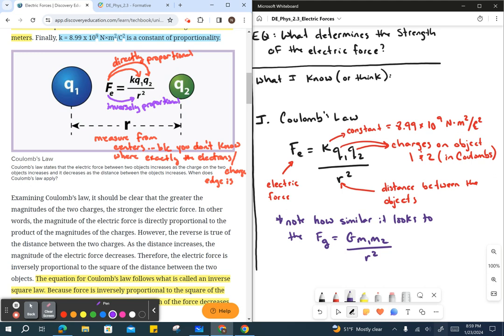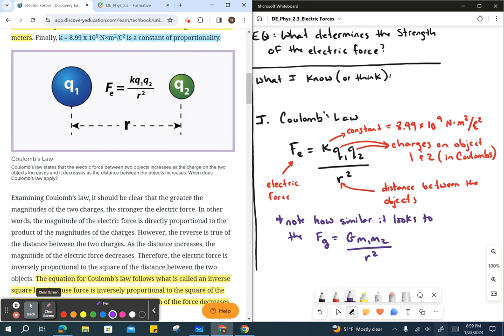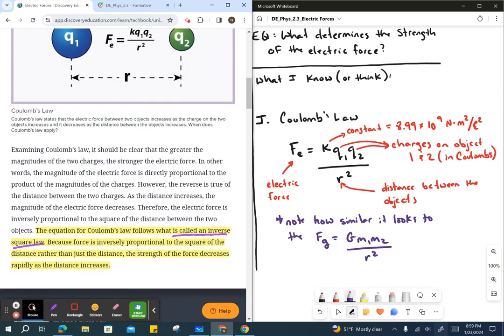They travel oppositely. This is called an inverse square law, because the force is inversely proportional to the square of the distance.